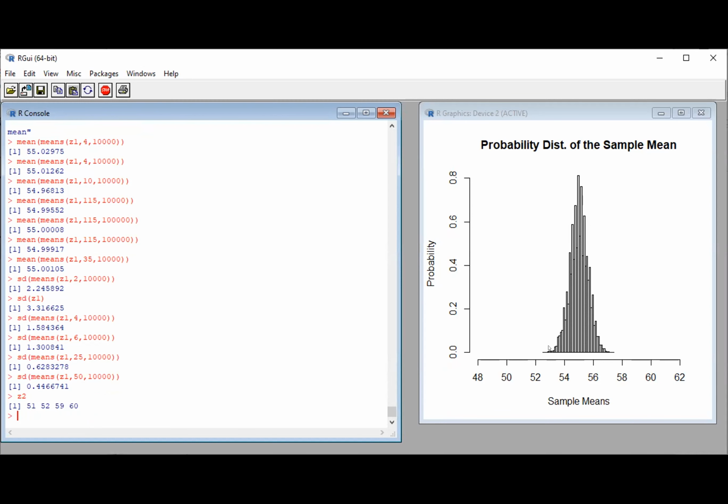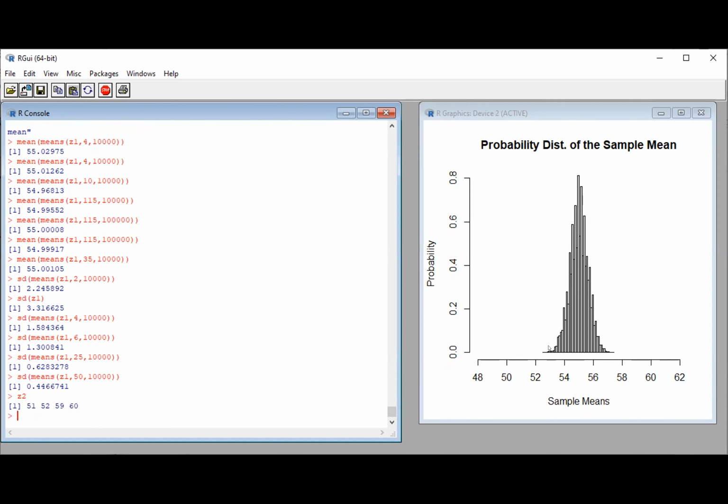So if I plot this, this is its probability distribution. This is a new population, and in this population you have only elements which have values 51 and 52, 59 and 60, and they are all equally probable, all these 4. All other values have 0 probability.